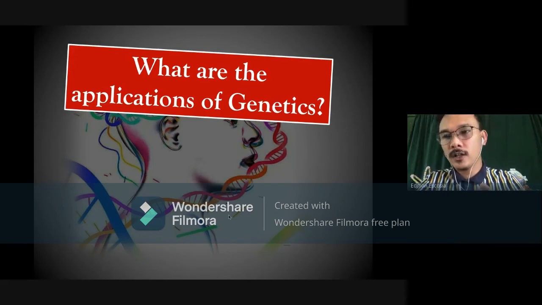Aside from color, damo pa nga traits ang pwede mapilian. Example, the most usual is the height of plants or the shape of plants.